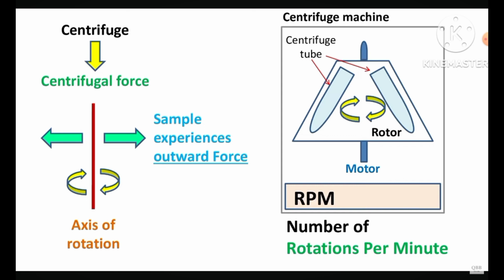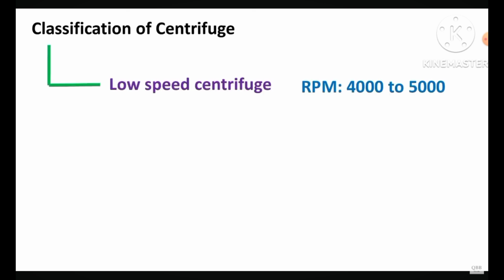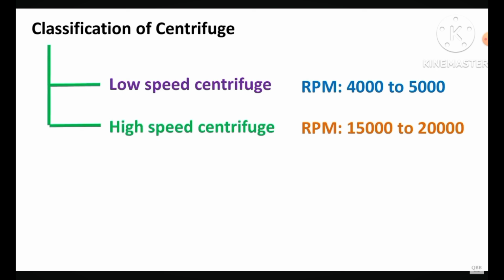Depending on the RPM, the centrifuges can be classified into several types. Low-speed centrifuges are the ones that operate at 4,000 to 5,000 RPM. High-speed centrifuges can operate at maximum 15,000 to 20,000 RPM and are commonly used in most of the labs involved in research.